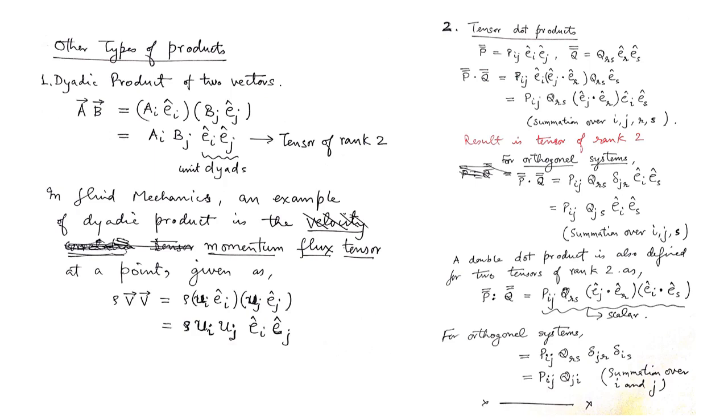Therefore the summation finally remains over i and j, and the double dot product of two tensors P and Q for orthogonal systems is simply Pij Qji. Again we have repeating indices i and j, so you need to sum over both i and j. With this, we finally conclude this lecture.